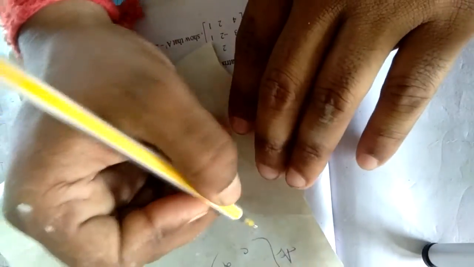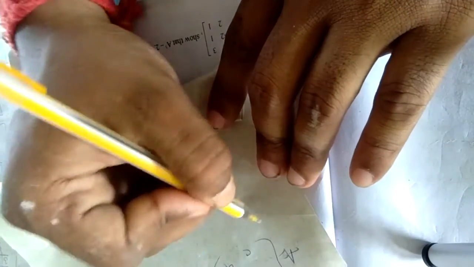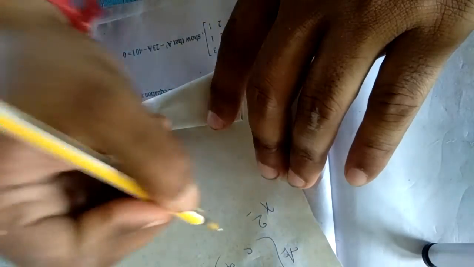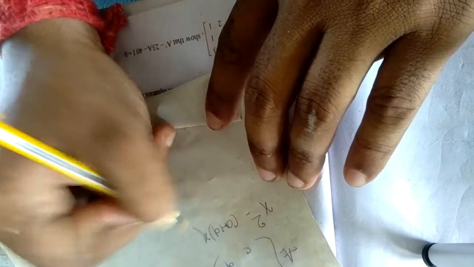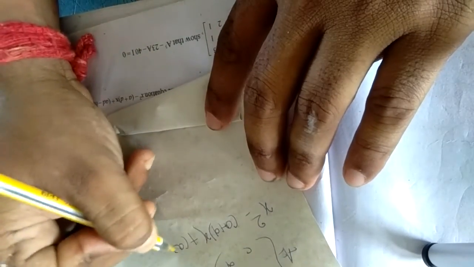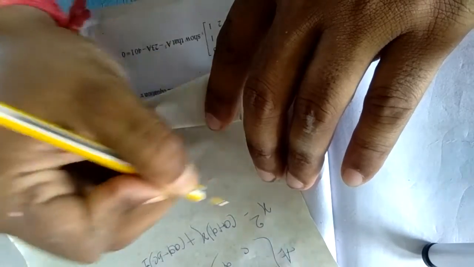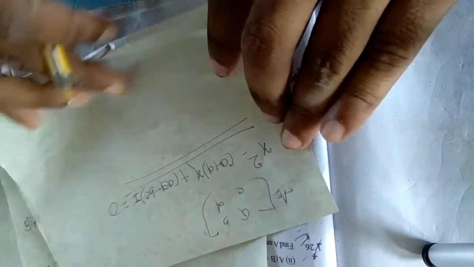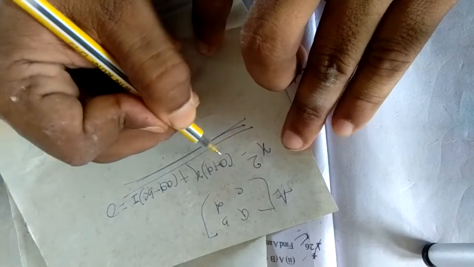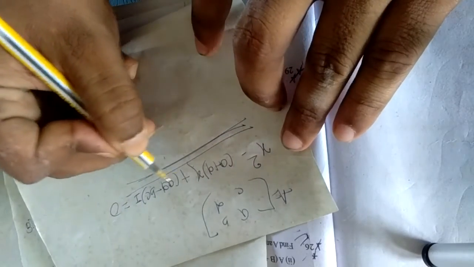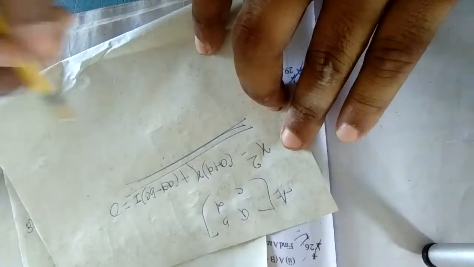X square minus A plus D into X plus AD minus BC into I equal to 0. You can prove this. X square minus A plus D into X plus AD minus BC into identity matrix.